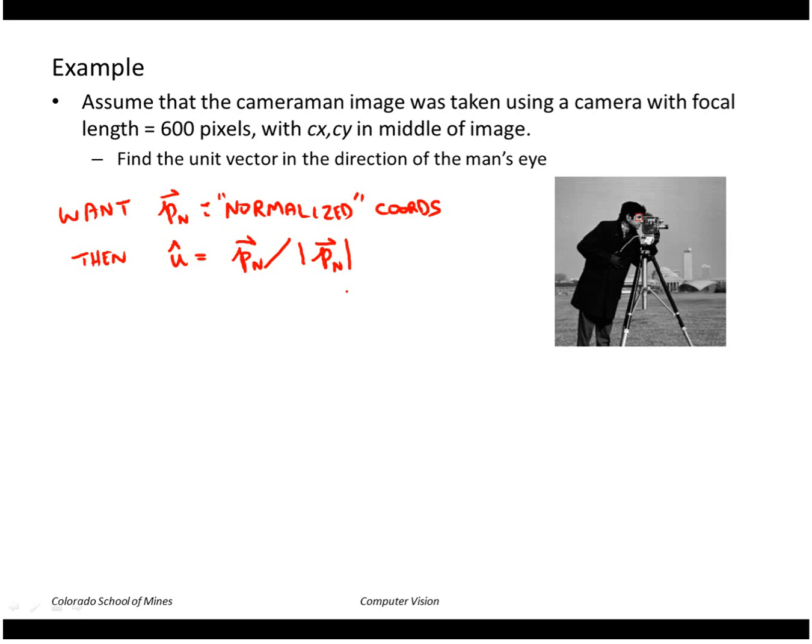Okay, so we know in order to find the normalized coordinates, I need to multiply by the inverse, I'll say, of K, the unnormalized coordinates. The location of the cameraman's eye, let's go ahead and find that.